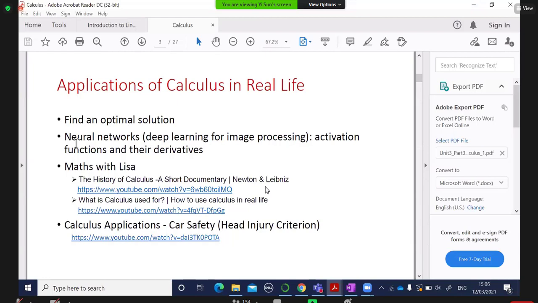Some of you have already registered for machine learning and neural networks. In that module, you will see deep learning and traditional neural networks, where you must know activation functions and their derivatives. So calculus is widely used everywhere.